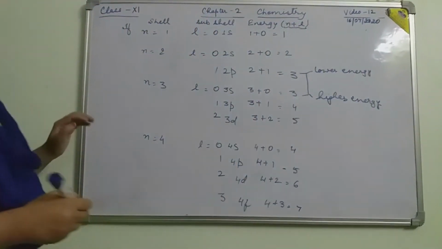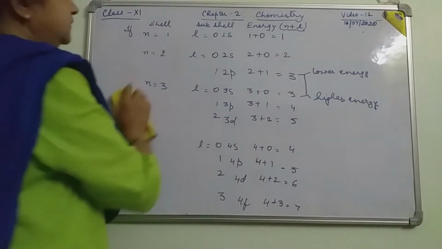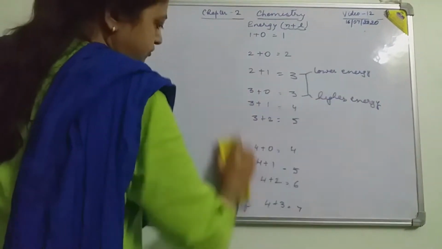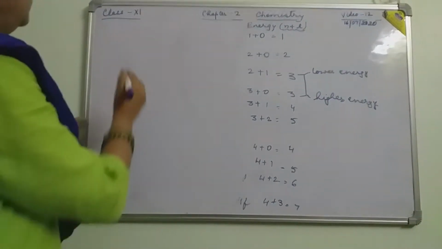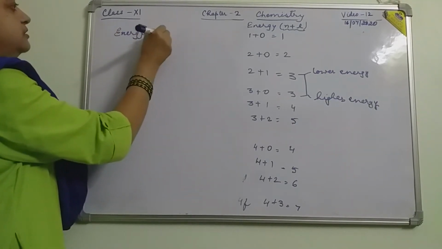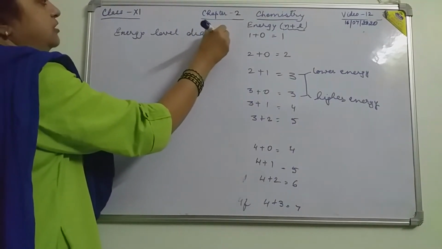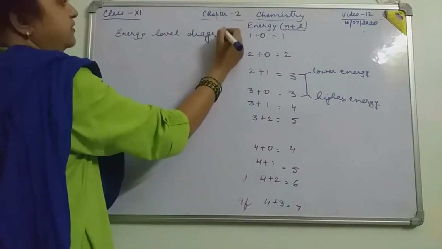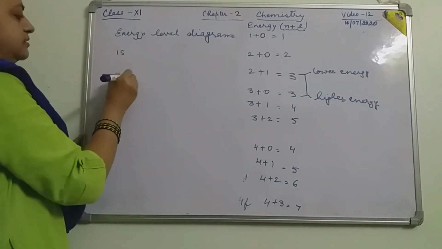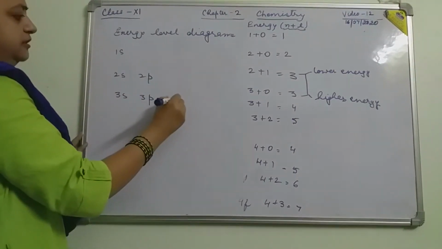To summarize, the Aufbau principle gives an energy level diagram. According to the rule, the energy level diagram is summarized as 1s, 2s, 2p, 3s, 3p, 3d.